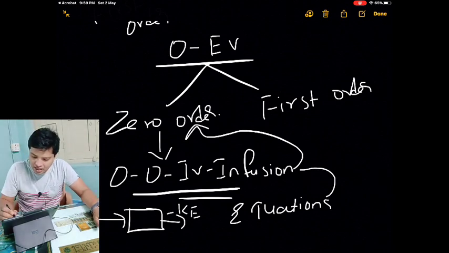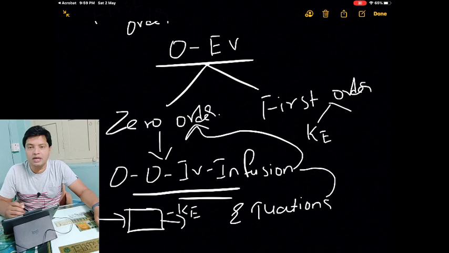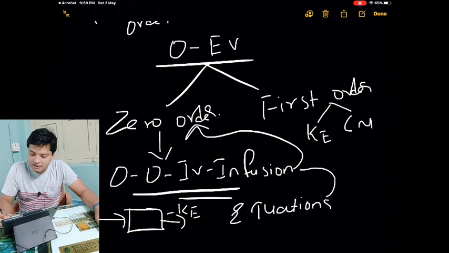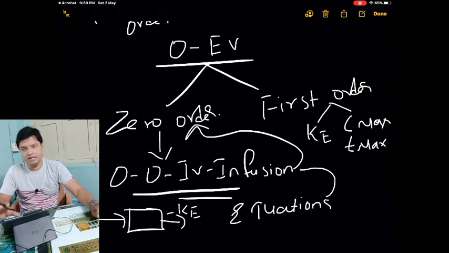In the first order, again we are going to determine Ke. How can I determine the value of Ke through the graph, and Cmax and Tmax. Clearance, volume of distribution, and half-life will be there here.